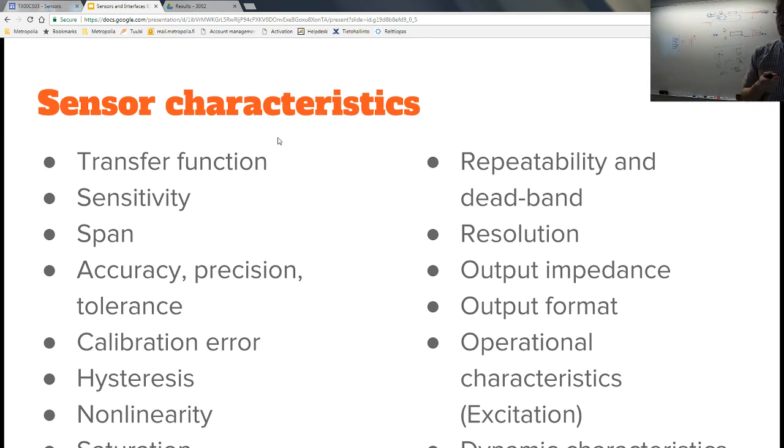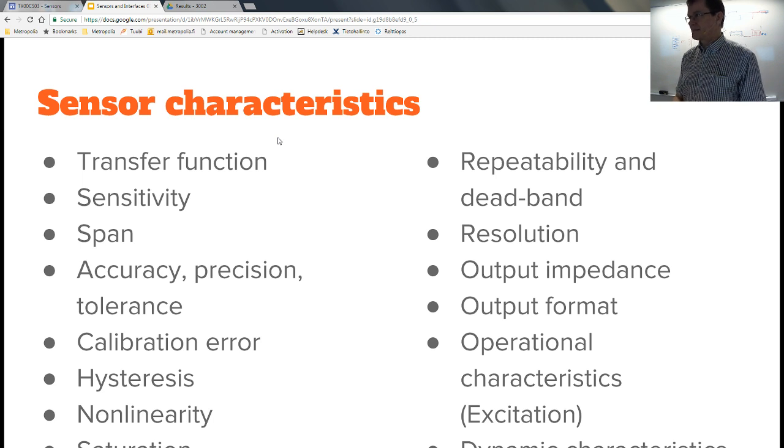Span or range means the usable range of the sensor. Accuracy, precision, and tolerance, all of those three are different things. Basically, we should talk about inaccuracy rather than accuracy.